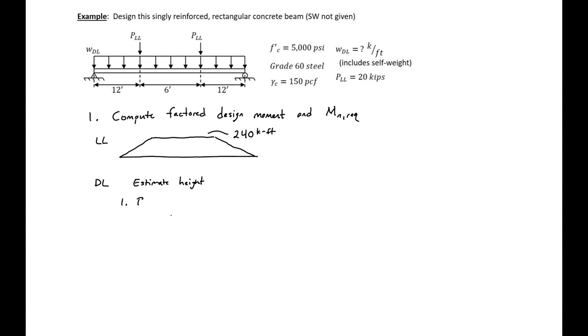The first would be a rule of thumb, and this rule of thumb says that our height is equal to our length in feet, and this will be in inches. So for us, we have a length of 24 and 6 is 30 feet, and turn that into inches. So we'll start with a height of 30 inches.